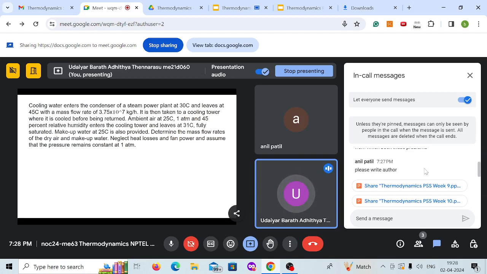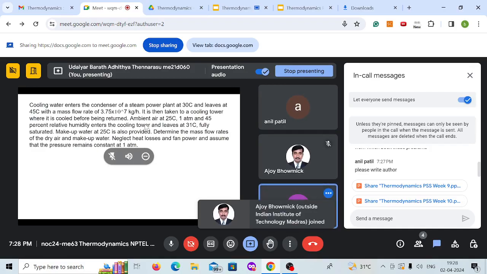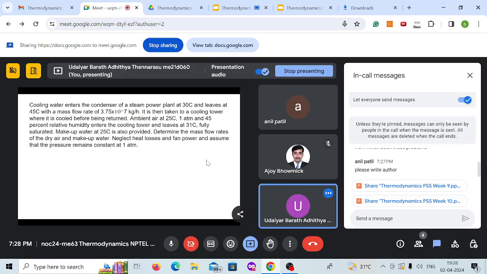I'll anyway add a reference slide where I have taken this problem, in the folder where I am uploading the videos. If you have any doubts, we can ask, or else we can end the session today.